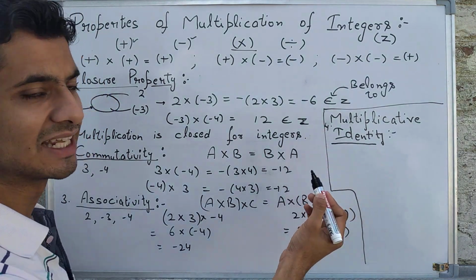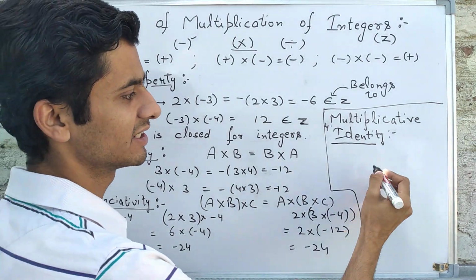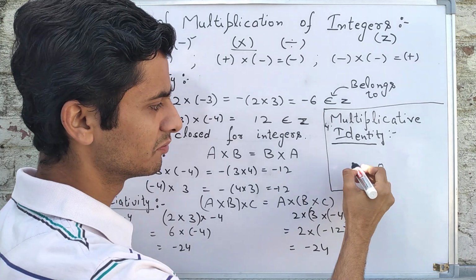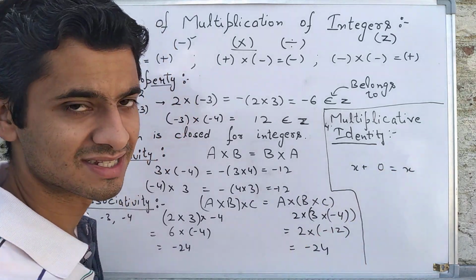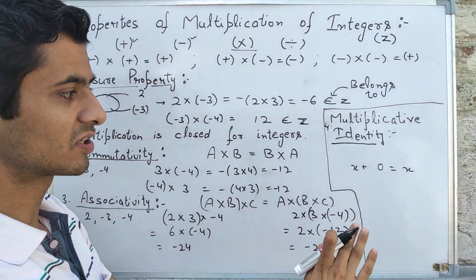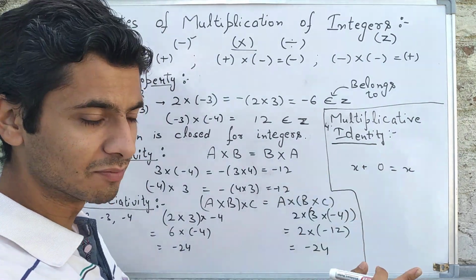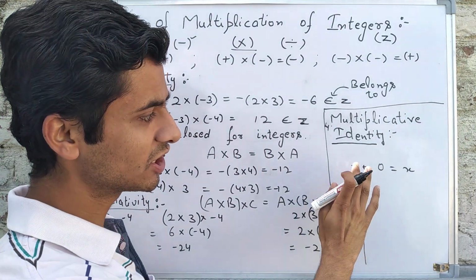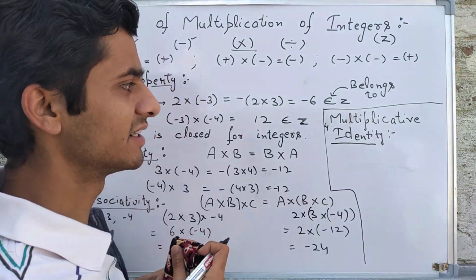What was the identity element? In addition, 0 was the identity element. You have any number, suppose x is any number, and you add 0 to it, the result would remain the same. What was the meaning of identity element? That you do the addition operation to any number and the identity of that number would not change. Now what would be the multiplicative identity?